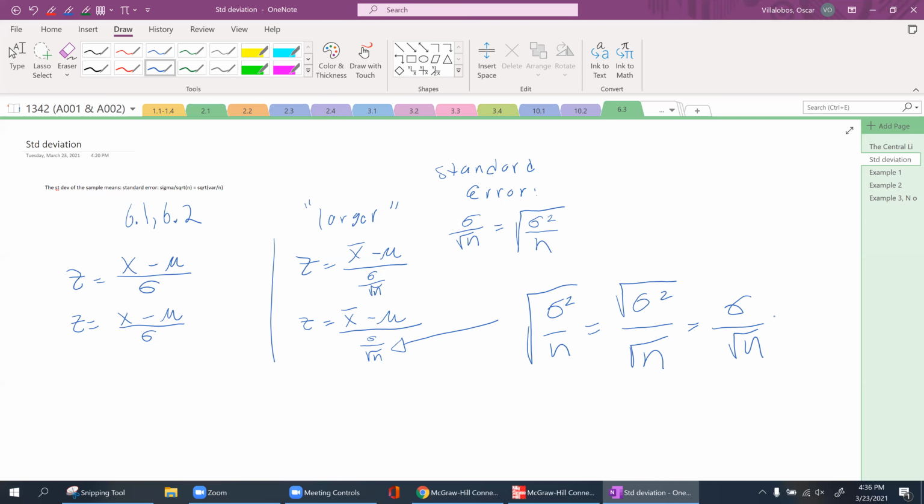The only thing is to be careful because for the test, I may give you the standard deviation or I may give you the variance. If you're just using this formula, that's fine. I did not like that color, it's a little too dark. There you go, you can see through it. If you want to just memorize that one, that's fine.